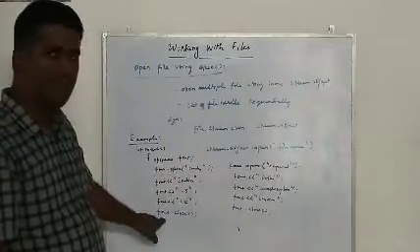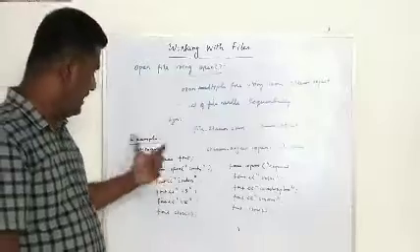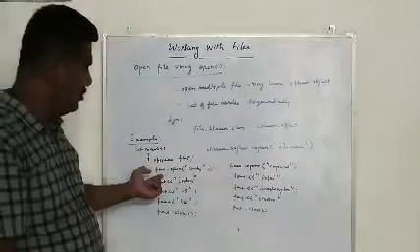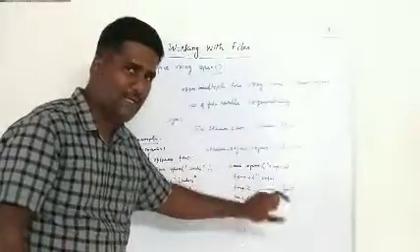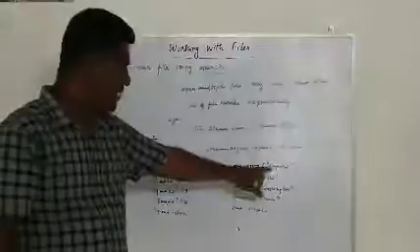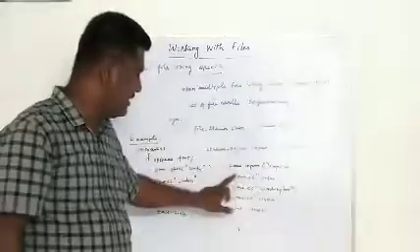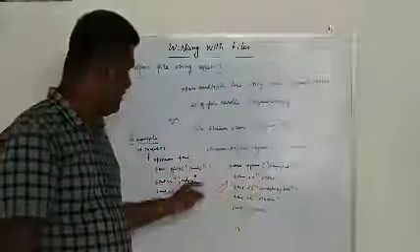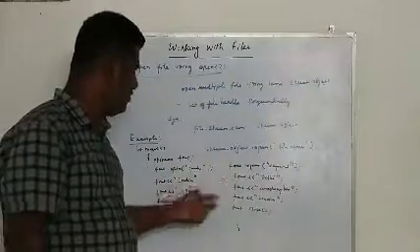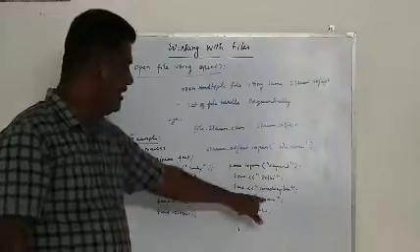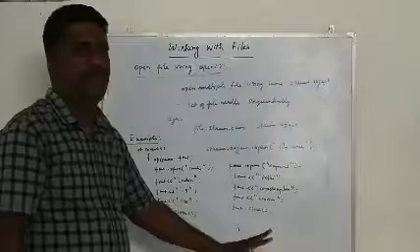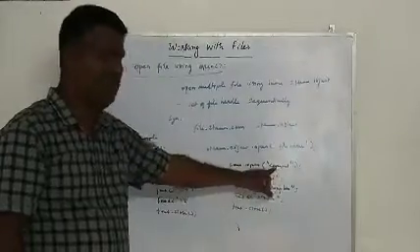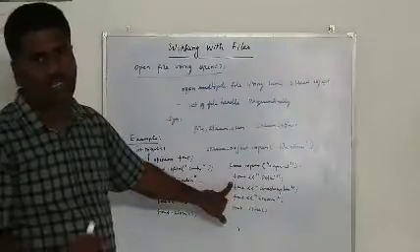Here we open the file country. Once you close that file, the same stream object is used to open another file, the file named capital. In the capital file: Delhi, the capital of India; Washington, the capital of US; and London, the capital of UK. So the content is written to the capital file through the F out stream object.